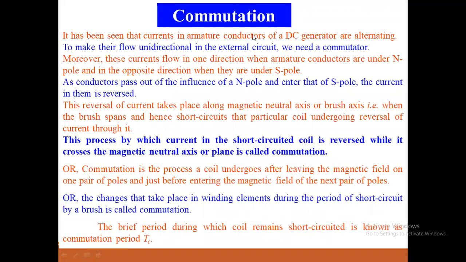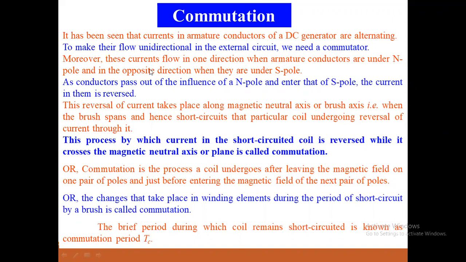See, here the same definition is also given. It has been seen that the currents in the armature conductors of a DC generator are alternating. To make their flow unidirectional in the external circuit, we need a commutator, and these currents flow in one direction when the armature conductors or coils are under the N pole, and in the opposite direction when they are under the S pole.